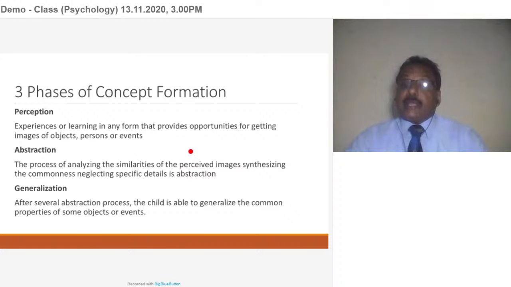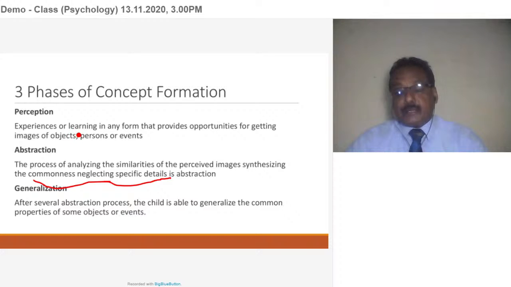So the commonness is synthesized, and specific detail is neglected. These are the two main things in abstraction. Only the common features, common characteristics, common properties will be taken into consideration, but some specific details will be left out. This type of grouping is called abstraction.